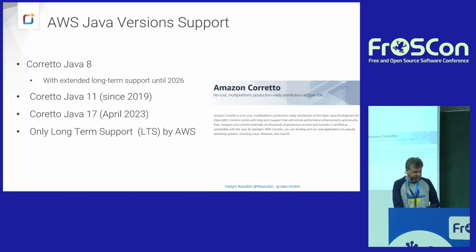Since 3 months we have Java 17, and AWS provides its own distribution of the JDK, Amazon Corretto. This is like OpenJDK or AdoptJDK, so this is kind of their fork. They still support Java 8, for good or bad, until 2026.